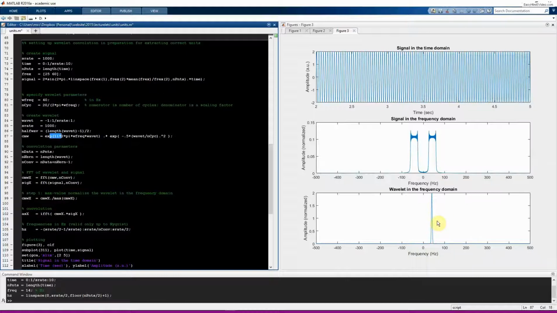So the positive frequencies in the Fourier transform correspond to the cosines, and the negative frequencies correspond to the sines. And a complex Morlet wavelet comprises cosine and sine components, so that's the complex part.